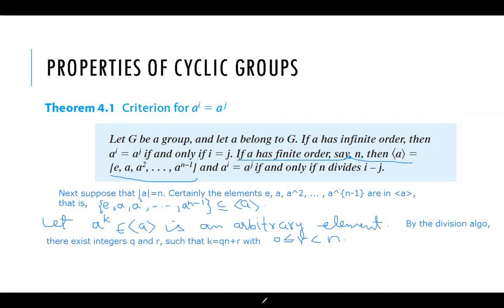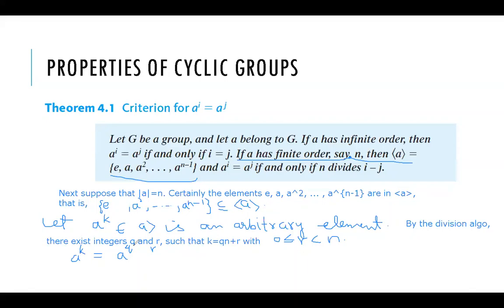All right. Thus, we have taken A power k. So A raised to power k is equal to, if we replace k by this expression, qn plus r.